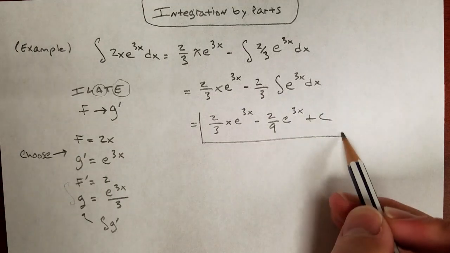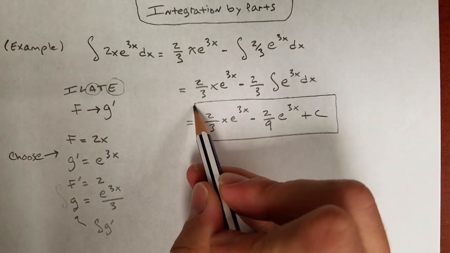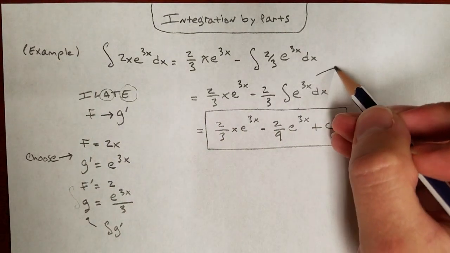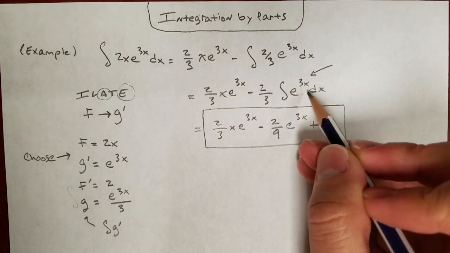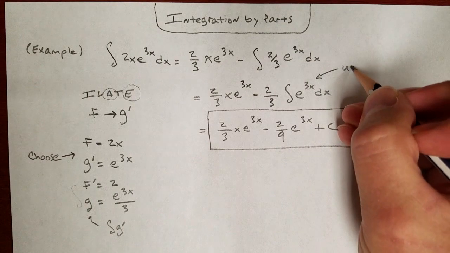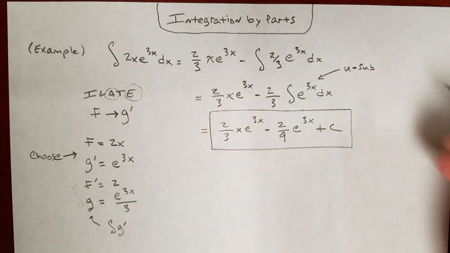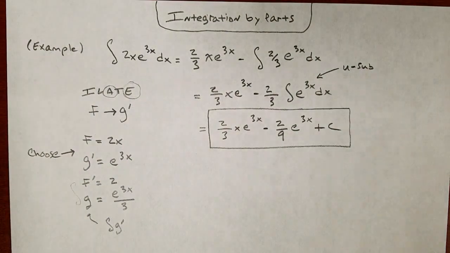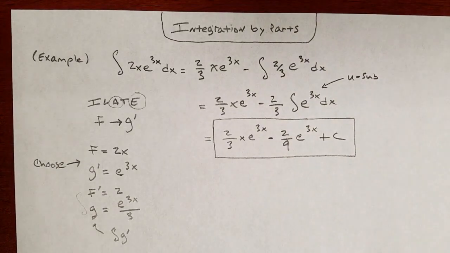That's a fairly basic integration by parts problem. But make a note to yourself that to address this part or that part, we have to know how to do the u substitution to handle it. It's just how it goes. So that's what I would consider a fairly simple integration by parts problem.